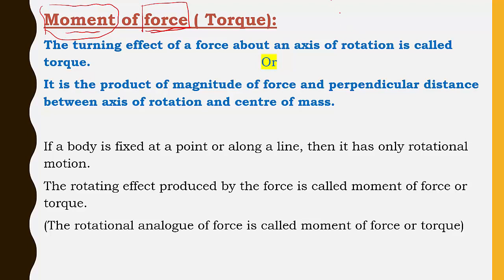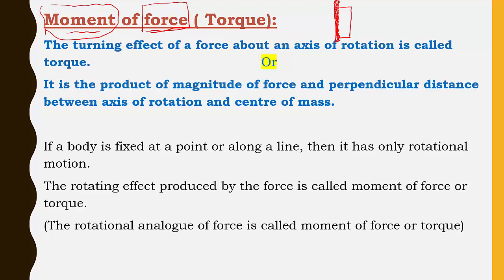So now you can observe. I will give you an example. If this is one object or this is a rigid body, this rigid body is fixed to a certain axis of rotation. Let us consider this is the axis of rotation, at one edge. Now, I am going to apply force.